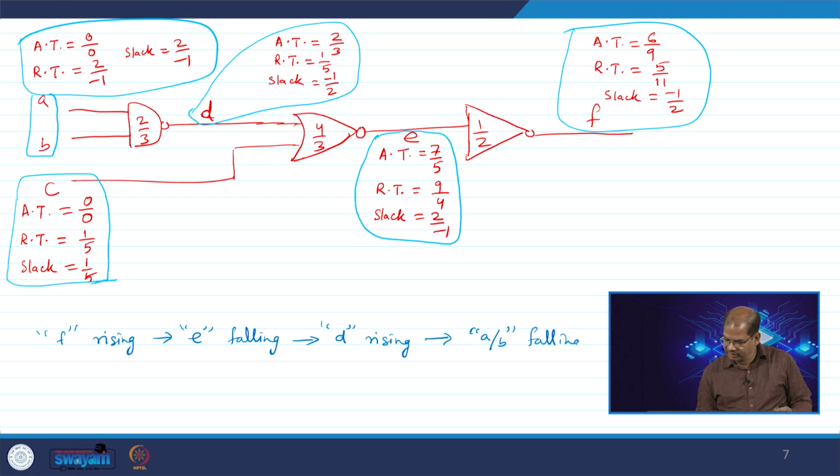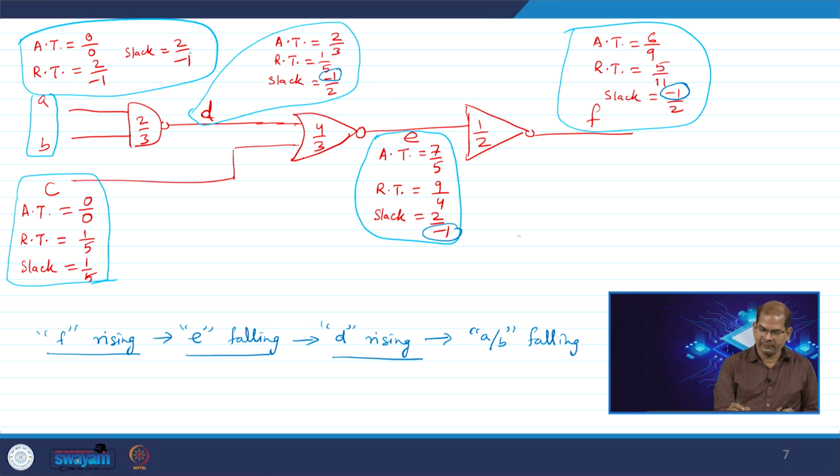If I can see here, this is negative. So, minus rising. This minus 1 corresponds to E falling, then this minus 1 corresponds to D rising. Okay. So, this corresponds to D rising, then you have A B falling.